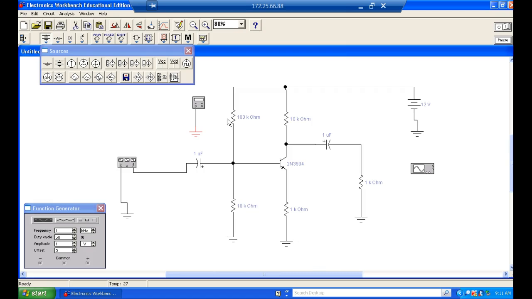So what size resistor do I need down here to drop 2.3 volts at 97 microamps? And we'll use the closest standard that we got. Of course, with Electronics Workbench, I could use any size I needed, right?